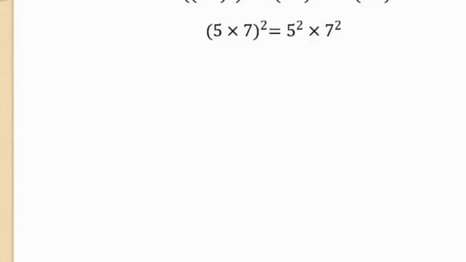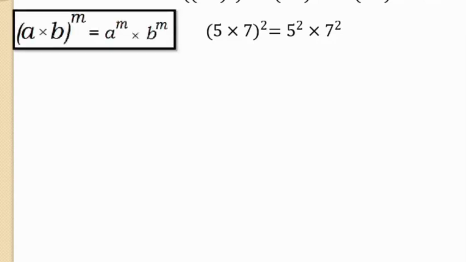Now 5 times 7 all to the power 2. The property here says that it's 5 squared, or 5 to the power 2, times 7 to the power 2.